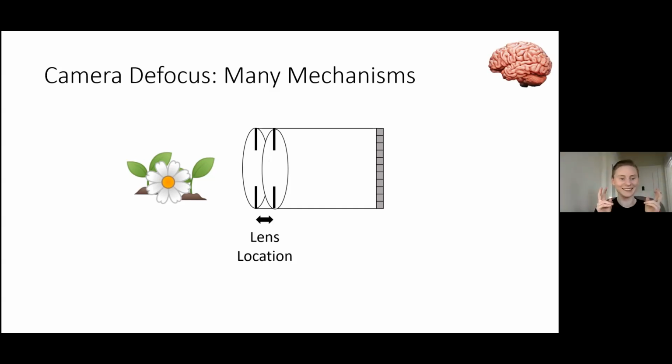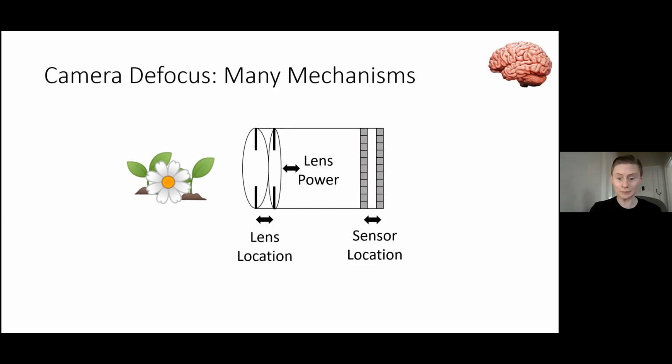If the camera, quote unquote, that you're used to thinking about is, for instance, the human eye, if you talk to someone who works in vision science or optometry, their go-to focus mechanism is going to be the power of the lens changing, right? So the shape of the lens in our eye changes. And that is how you and I are focusing on the screen right now. Other animals will defocus their eye by changing the location of the retina.